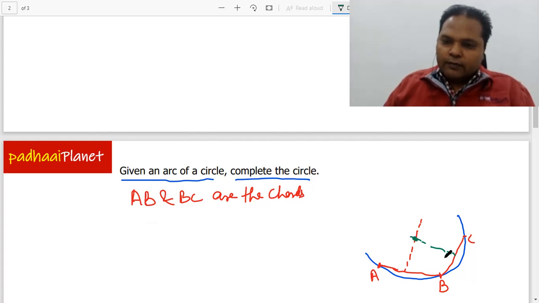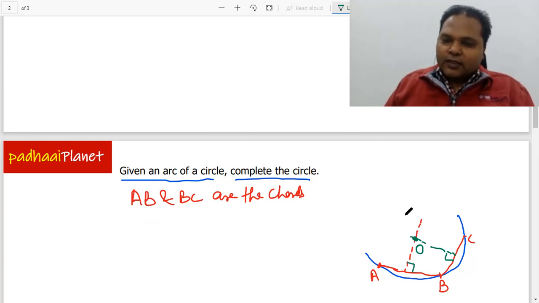So this we have as 90 degree, and we also have this as 90 degree. We already know that if there are two chords and a perpendicular bisector is drawn on each, then it will definitely go through the center of the circle. The other chord's bisector is also going through this particular point. So this is the only point where both of these perpendicular bisectors intersect each other, and hence this point is the center of the circle.